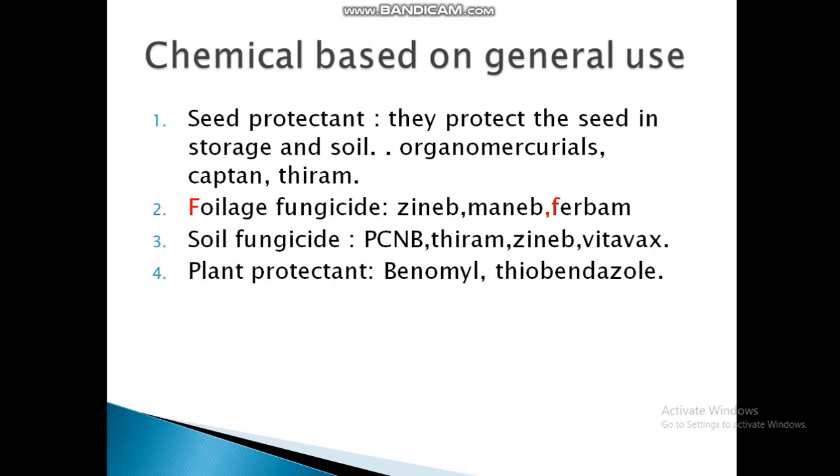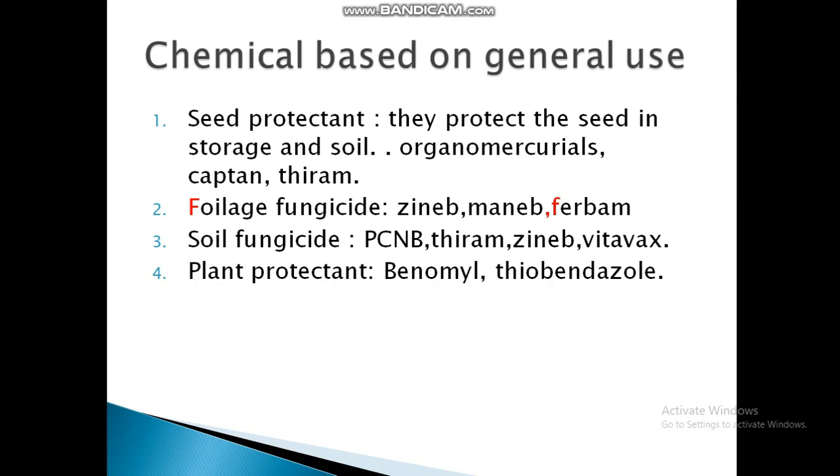The F letter is in red color, so we can remember it by seeing this F for foliage, and ferbam is a foliage fungicide. Next is the soil fungicide.